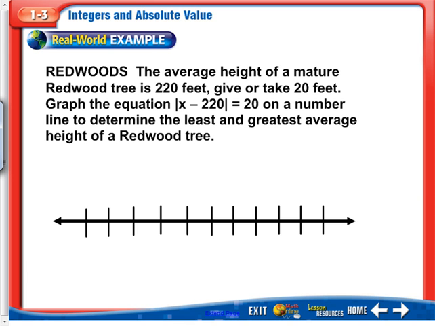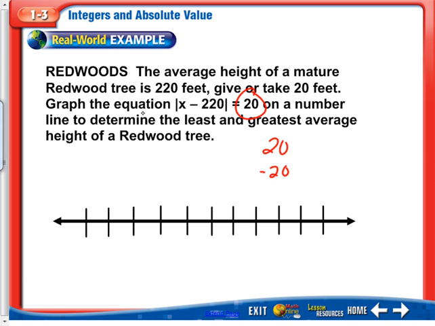All right, so what we know about absolute values is that we're always going to end up with a positive value. Okay, so when we see that this 20 is positive, we know that the answer could actually be either 20 or negative 20.